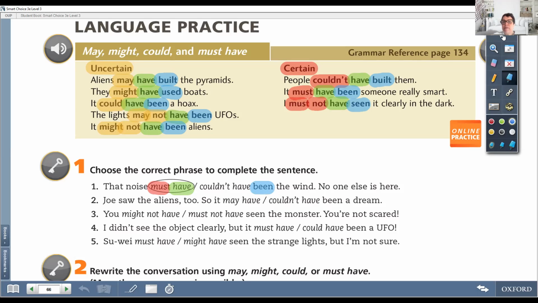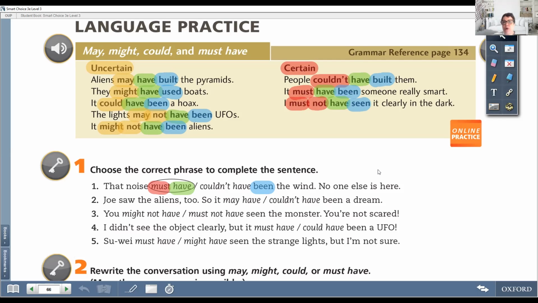Okay, so here we have, if you are absolutely sure about something, then you're going to use couldn't or must. Even must not is okay. Then we have to use have and past participle. Like here, look, that noise must have been the wind. No one else is here. Okay.